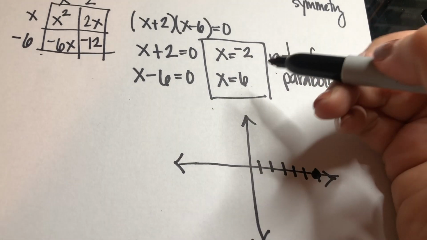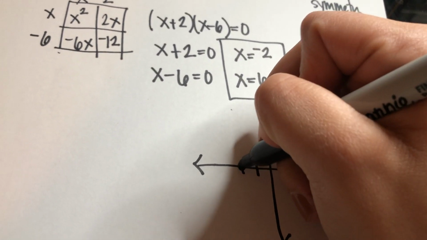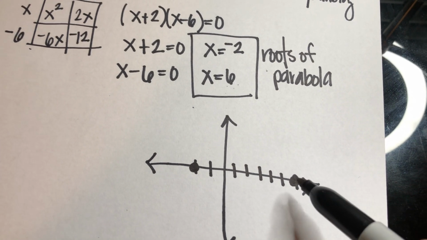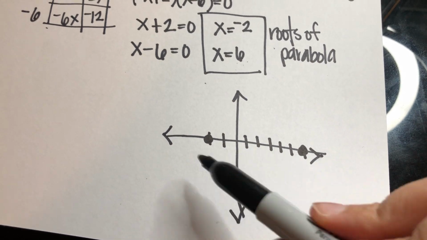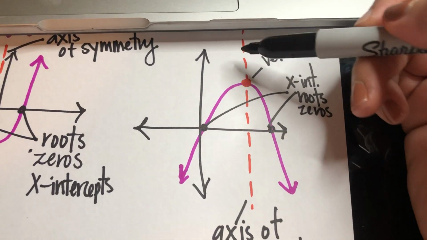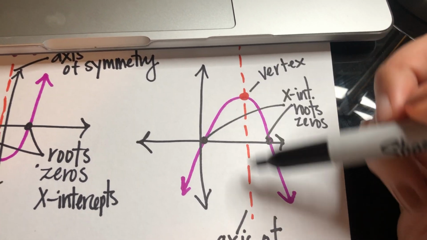Point there. And another point at negative 2. So 1, 2. So there we have it. So we know our parabola is going to go through these 2 points. Now we're trying to find the vertex. And remember I said earlier, the vertex goes through the line of symmetry. And the line of symmetry is in the middle of the parabola.